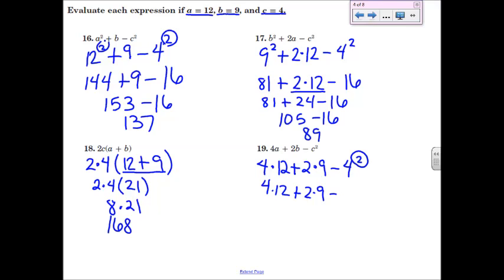All that stays the same. And then minus 16. After exponents comes multiplication and division. So 4 times 12 is 48. And 2 times 9 is 18. 48 plus 18, excuse me, is 66. Minus 16, working from left to right with addition and subtraction. 66 minus 16 is 50.